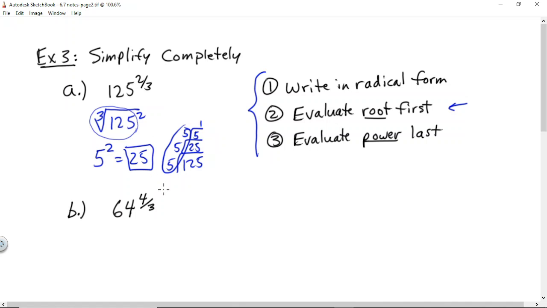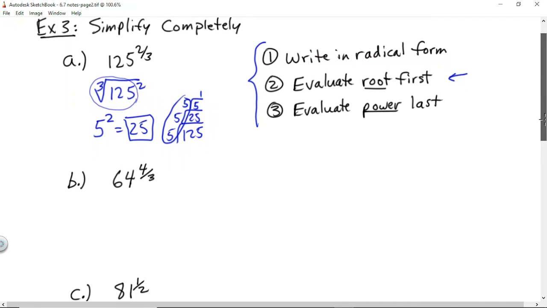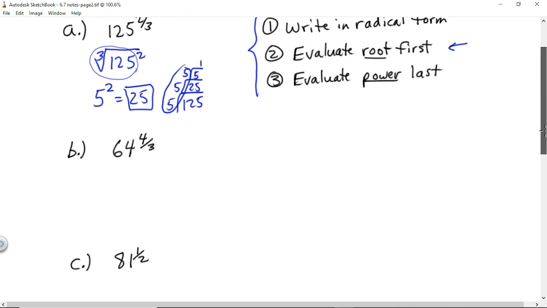Okay, let's look at the next one. So we have 64 to the 4/3 power. So we're going to write it in radical form. So 64, the index is 3 because that's the denominator. The power is 4.